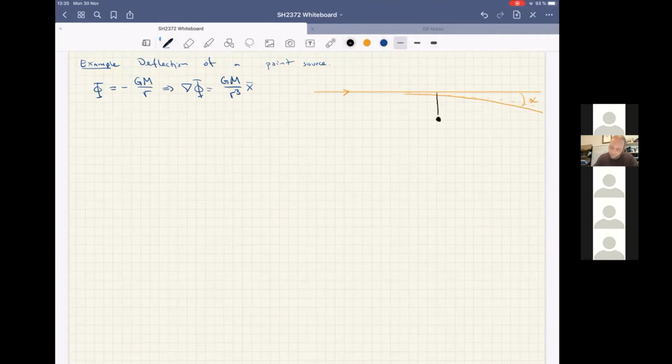And I'm also going to introduce now what is called the impact parameter, which is essentially the projection of the distance between the incoming light signal and something parallel to that, which goes through the point mass.